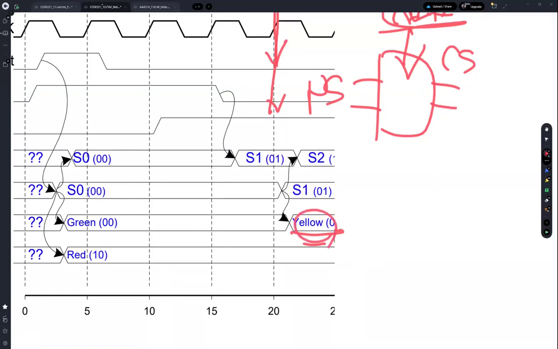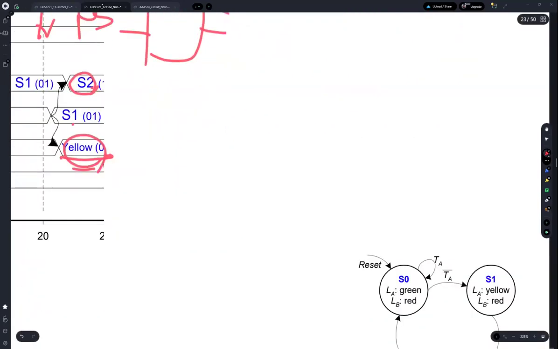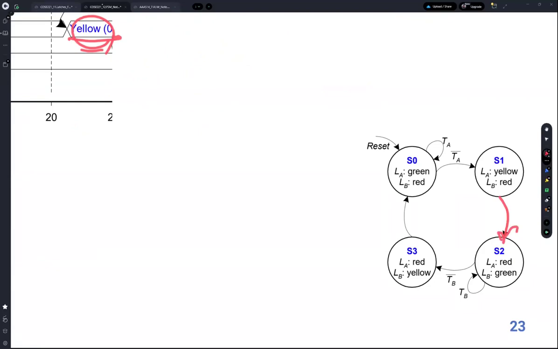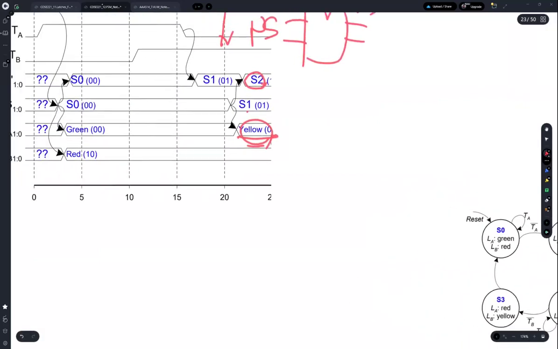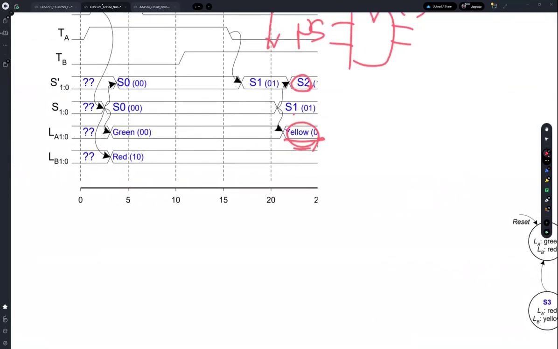So you can find that the next state is S2. This next state S2 is determined by the current state, because of this transition. As I mentioned, the next state is reflected immediately, but the current state is updated by the next state on the rising edge of clock.